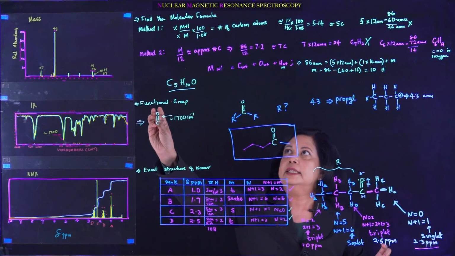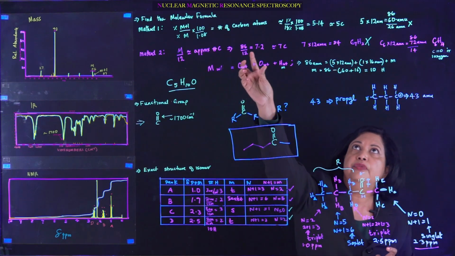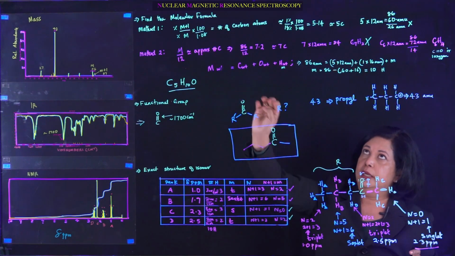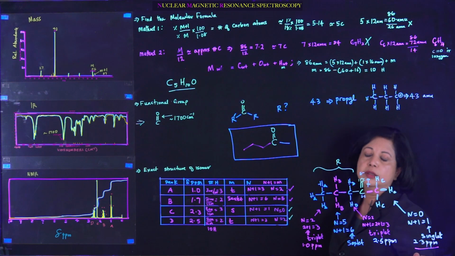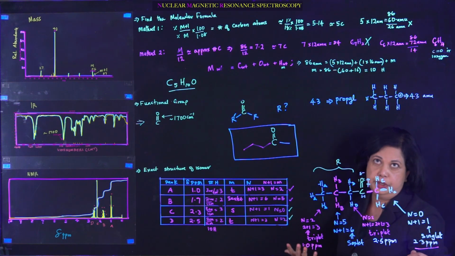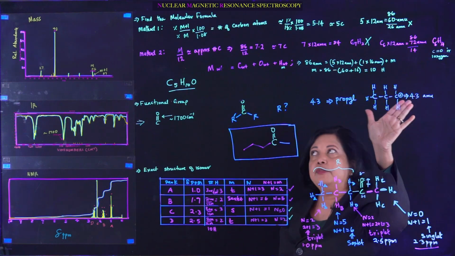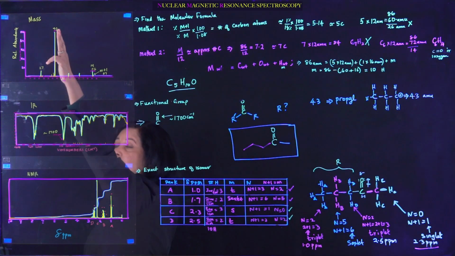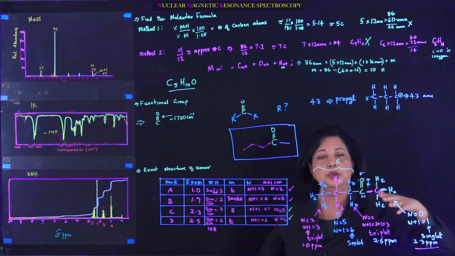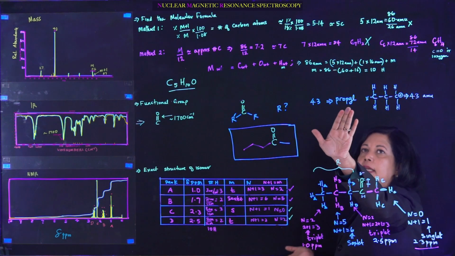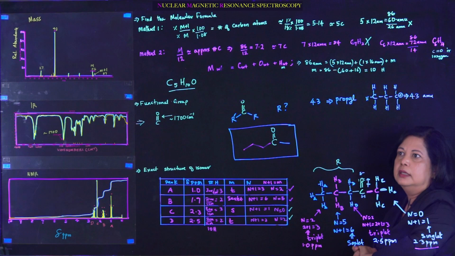You can then take that information and verify that by using the mass or the molecular ion peak information. The mass spec here has a 43 peak, and that's our base peak, which shows us that propyl group is probably in the molecule.